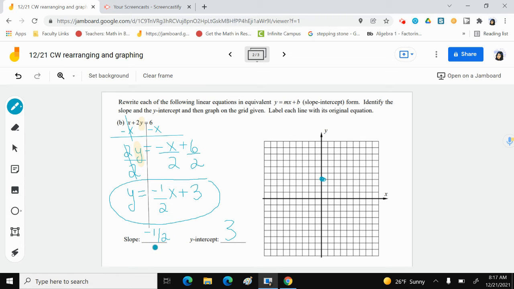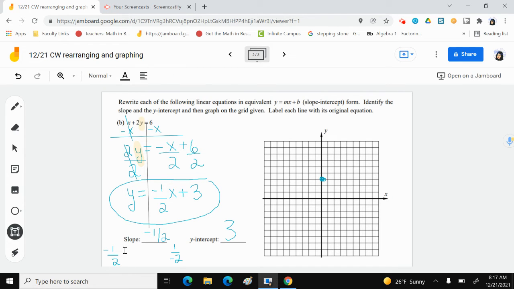Now, if our slope is negative 1/2, I could rewrite that as negative 1 over 2, or that's the same thing as 1 over negative 2. It's just important that either the numerator or denominator is negative, not both, because remember, a negative divided by a negative is a positive.